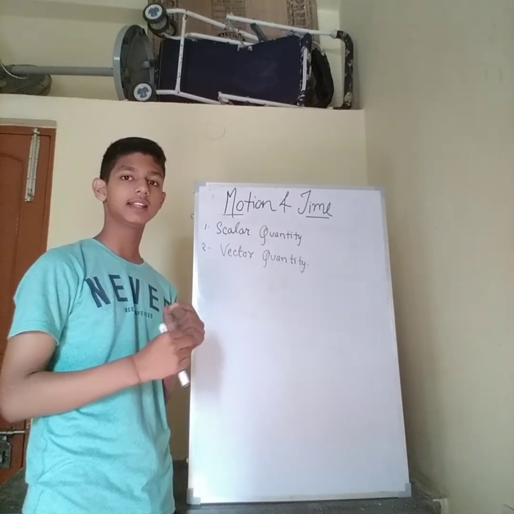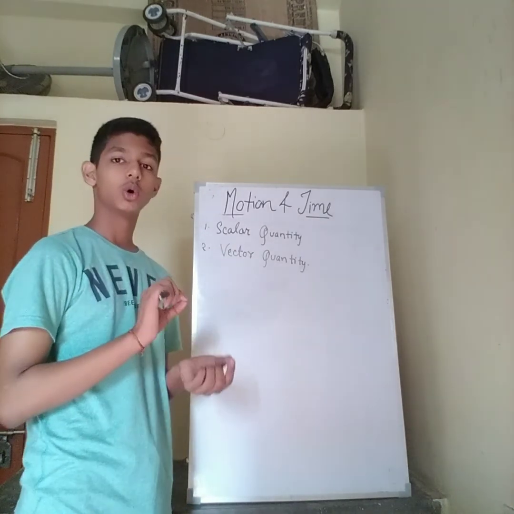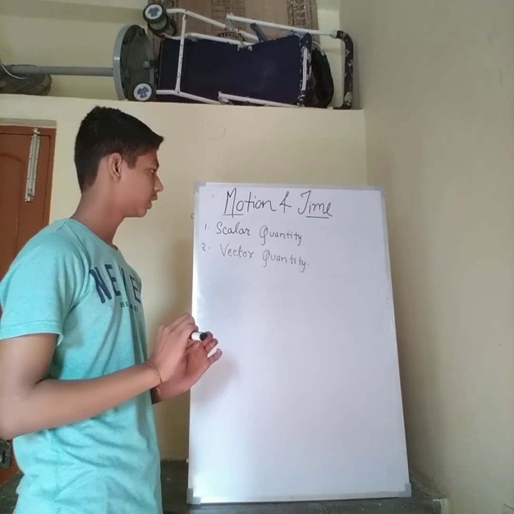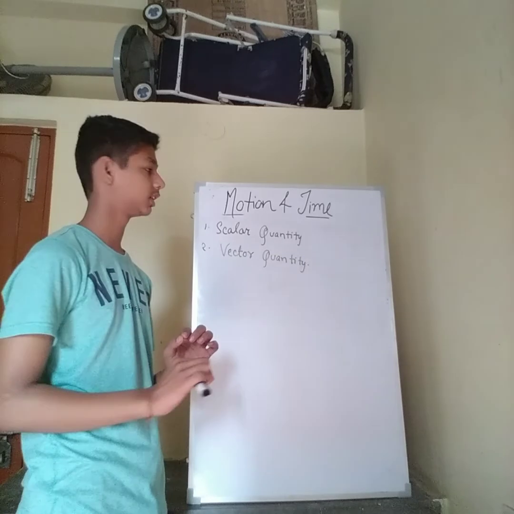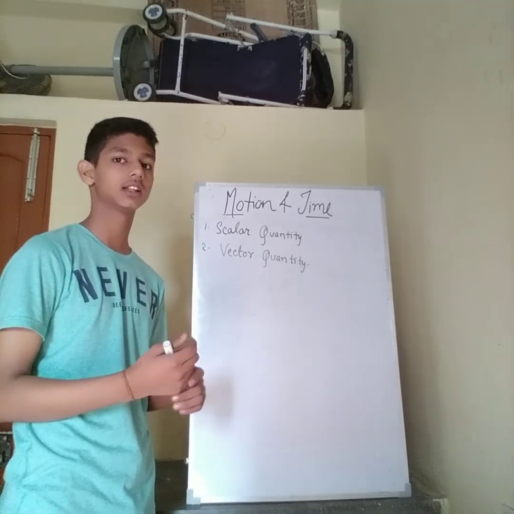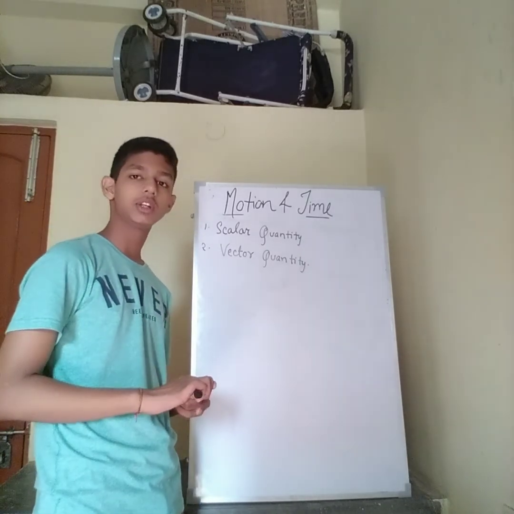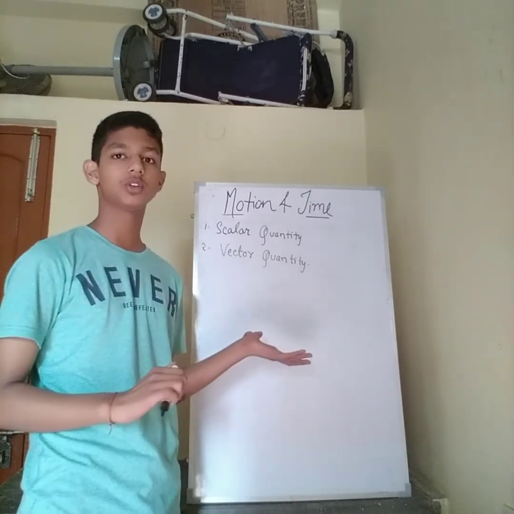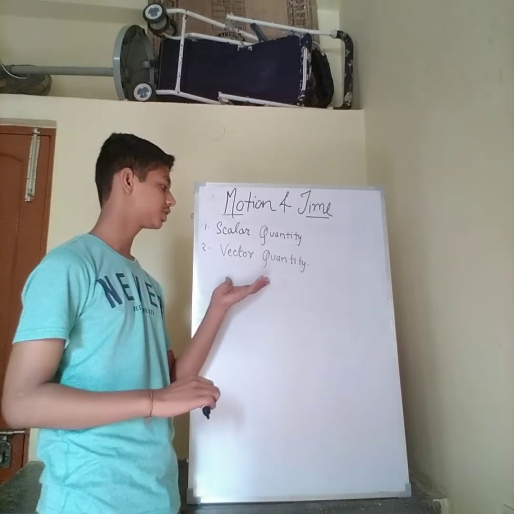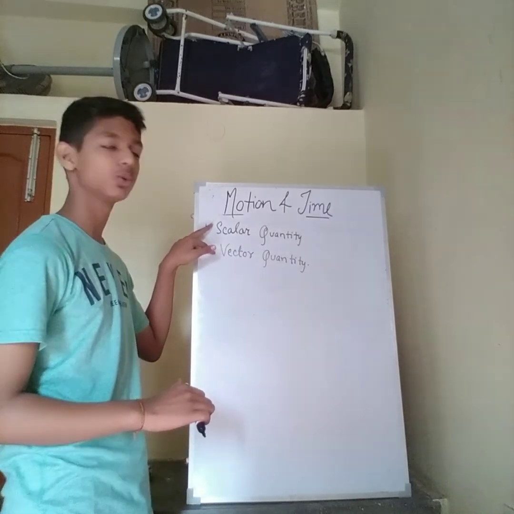The quantities which have only magnitude are called scalar quantities. We have not included the term unit in the definition because all physical quantities have units, so we do not use the term unit for specially defining the two quantities.